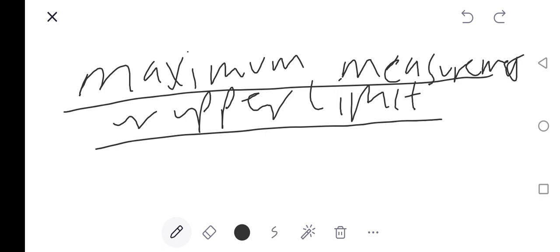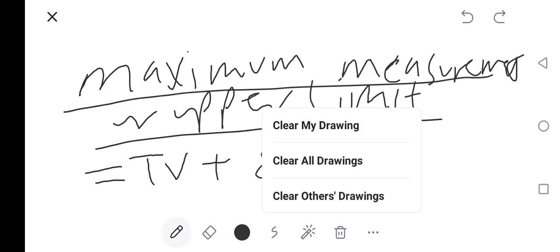You simply say true value plus error. The error is the absolute error, whichever error you found, whether for two values or one value. When you add it to the true value, you find what is called the upper limit or maximum measurement. So in case I ask you to find maximum length or upper limit, you use that formula. Did you get that?